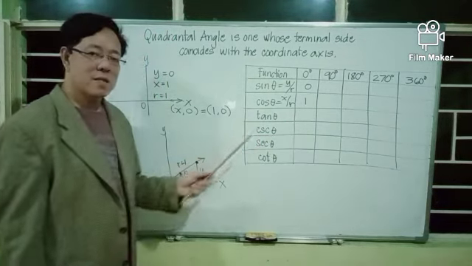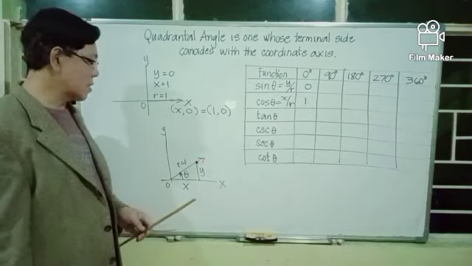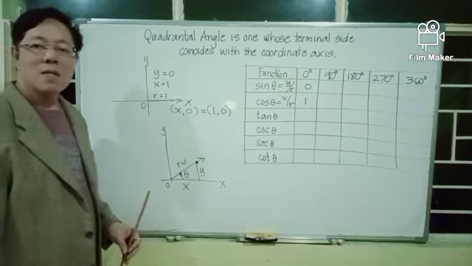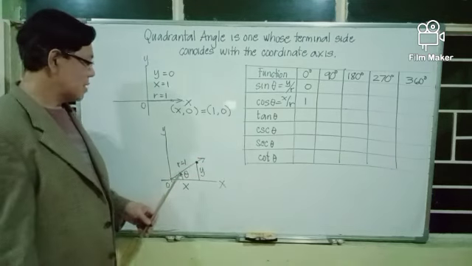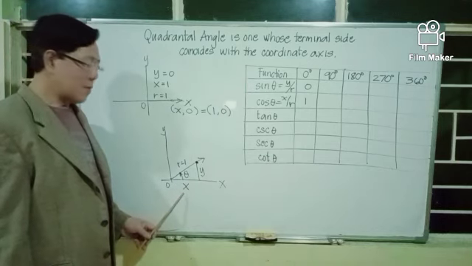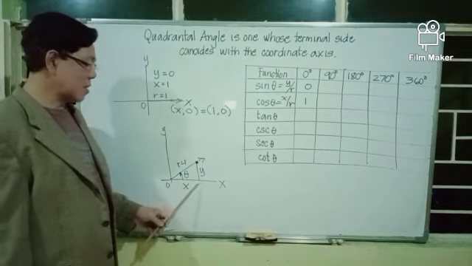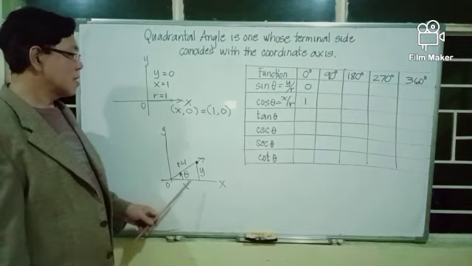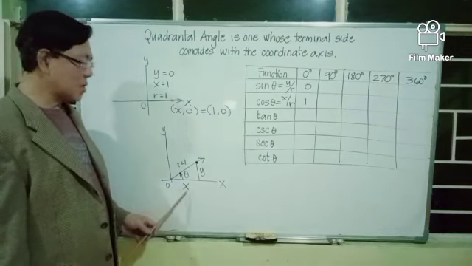Now we find the tangent of 0 degrees. First, we define the tangent of the acute angle theta as the ratio of the opposite to the adjacent. From this diagram, opposite theta is y, adjacent to theta is x. Thus, tangent of theta is y divided by x.